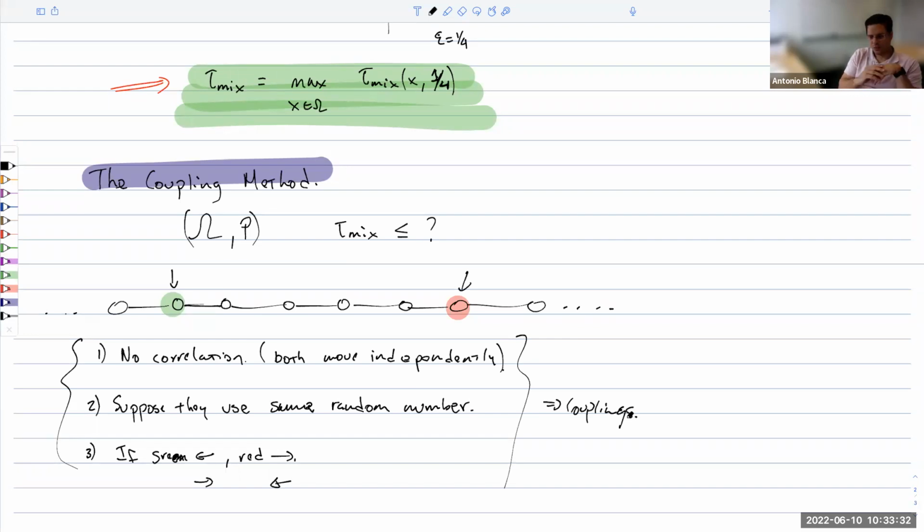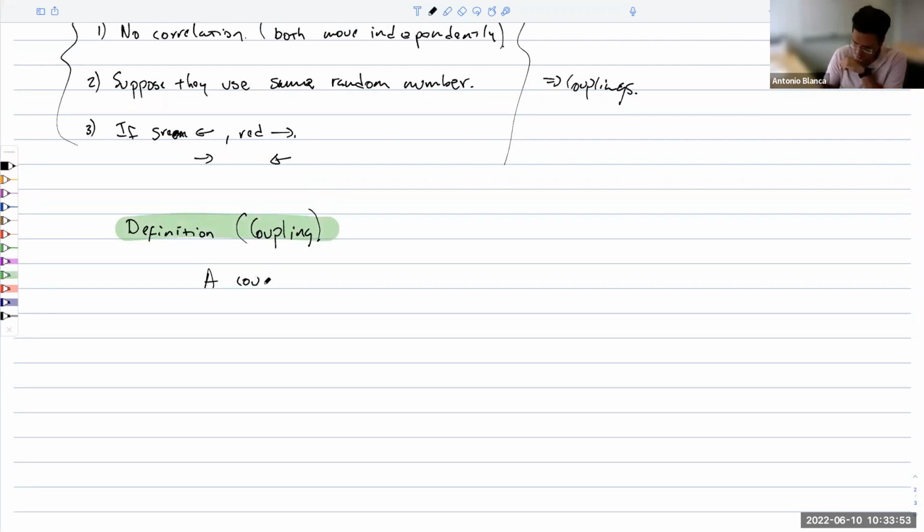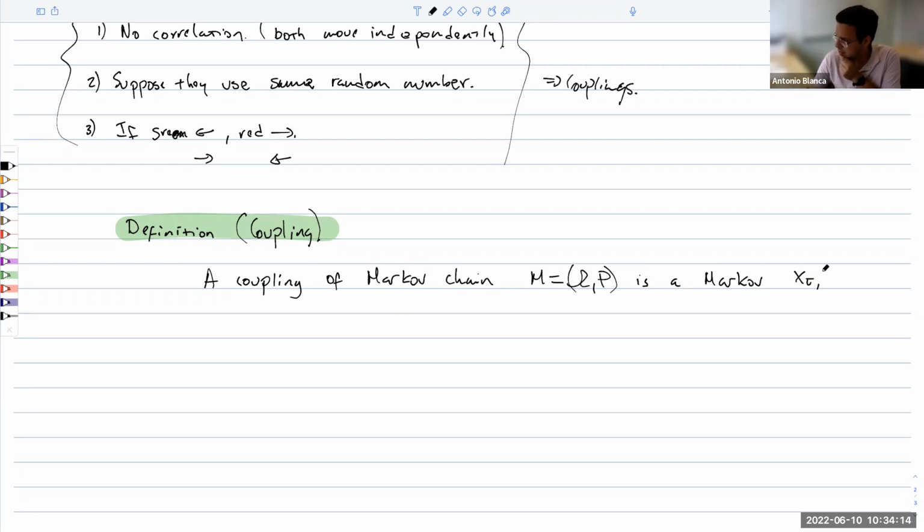Okay, so let me state that, and then we'll look at some examples. Let me define a coupling now. The coupling of a Markov chain, let's call it M, on omega, is another Markov chain, let's call it (X_t, Y_t).